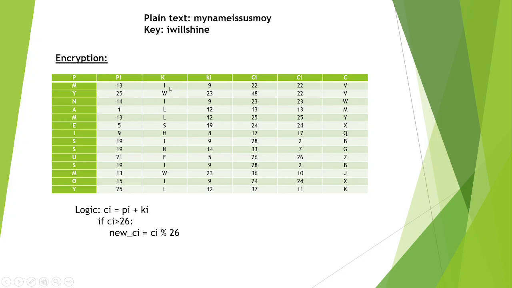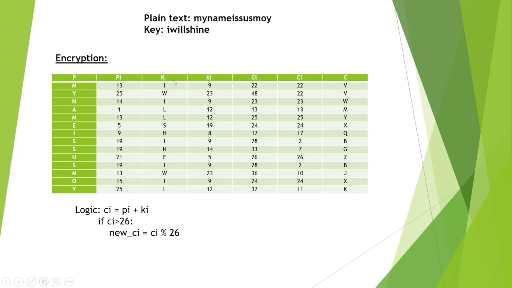First of all, you write the whole key, as many as you have: I, W, I, double L, S, H, I, N, E. Here my key is finished. So we start again from the front like this: I, W, I, L, I, W, I, L. If I have more to go, then I consider this L, then S, this S, like this.